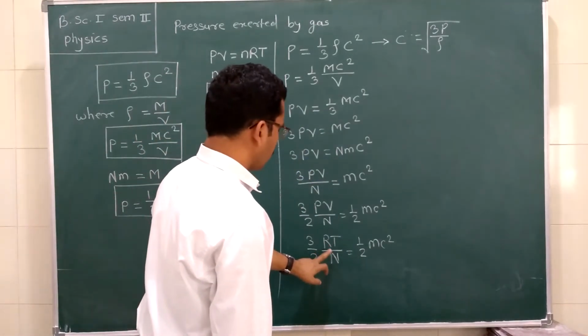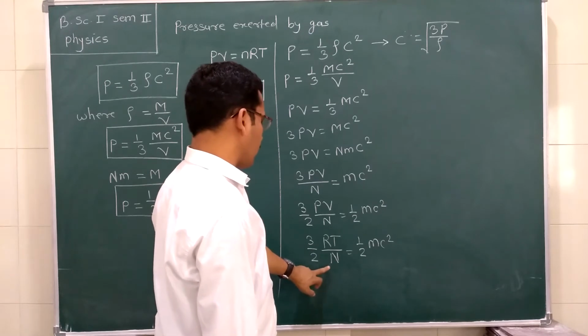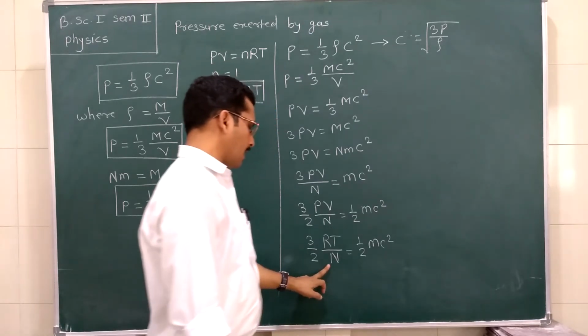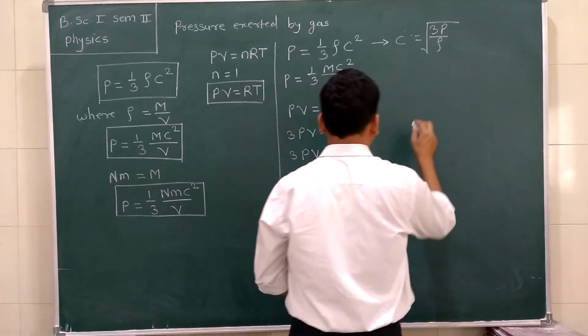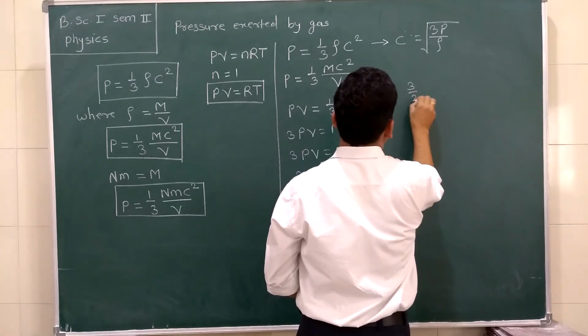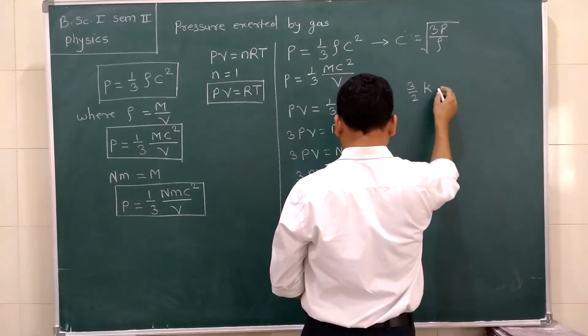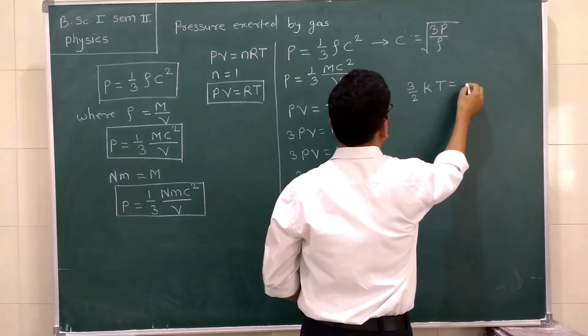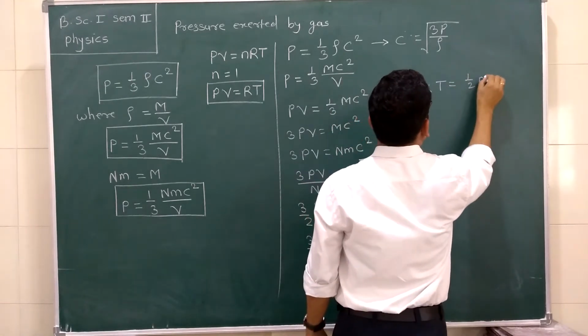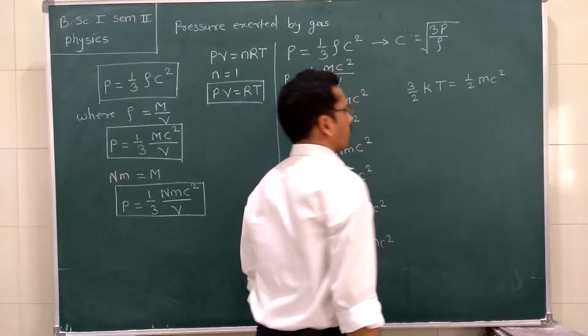But we know what R by N is. This R by N is equal to k, the Boltzmann constant. So it is equal to 3 by 2 kT is equal to 1 by 2 mc square.